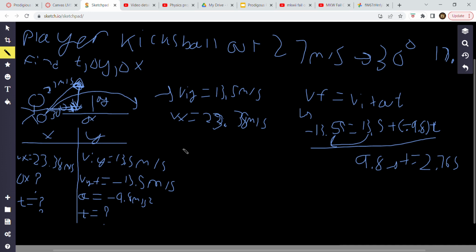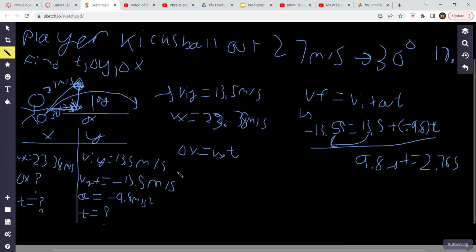With time, since we know Vx, we can get delta x. Delta x is equal to, just like rate times time, so distance is equal to Vx times t.